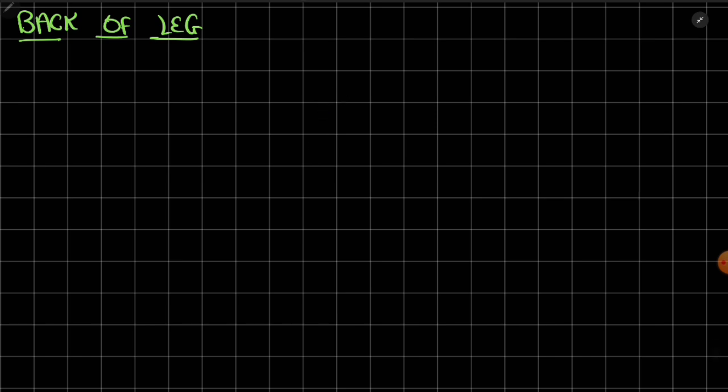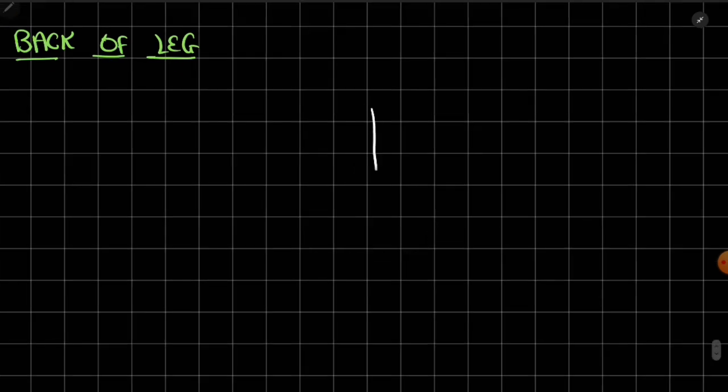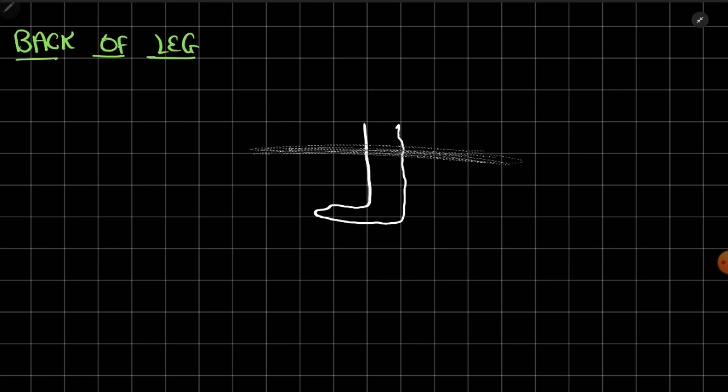So now we are looking at a section of the left leg where we have cut the leg. For example, this is a leg. Okay, we have cut this leg like this, and our eye is here.